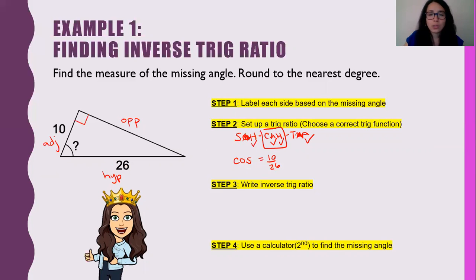But right here where it says cosine, I'm gonna put x degrees because I don't know the degrees yet, but I'm still gonna put the x because we need to figure out what that number is, okay? So I'm gonna write cosine x degrees. What's 10 divided by 26?